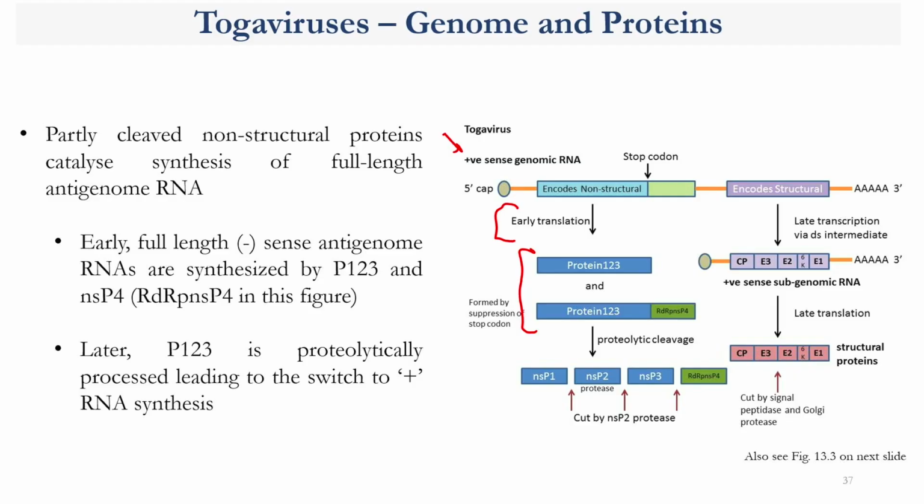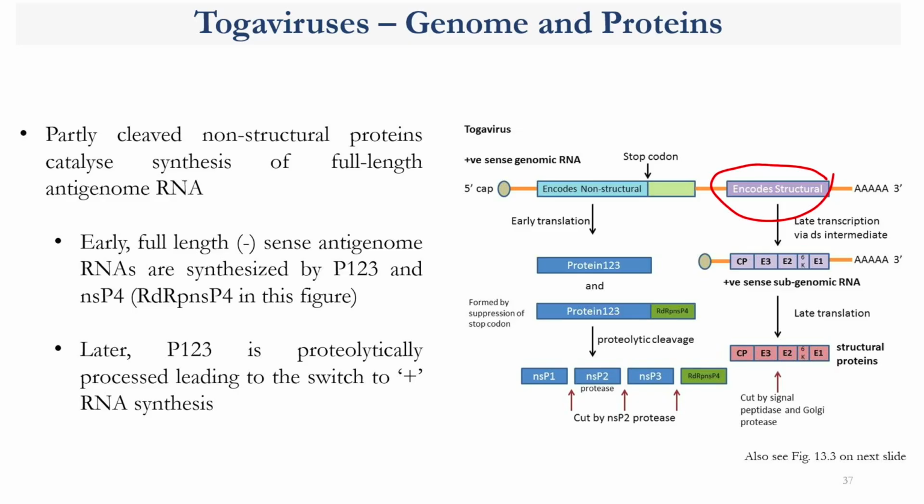Your P4 is basically the RNA-dependent polymerase, okay? It carries out proteolytic cleavage, so you're going to cleave here, here, here, and now this is forming the functional protein, okay?